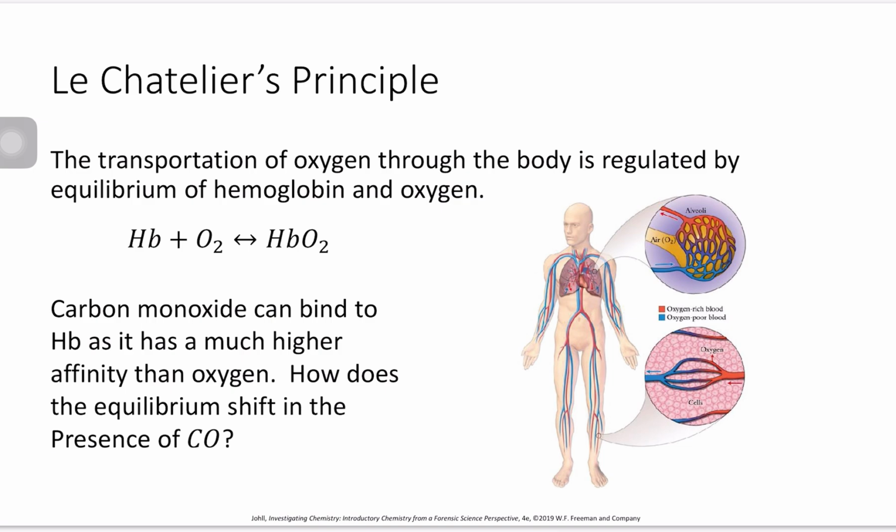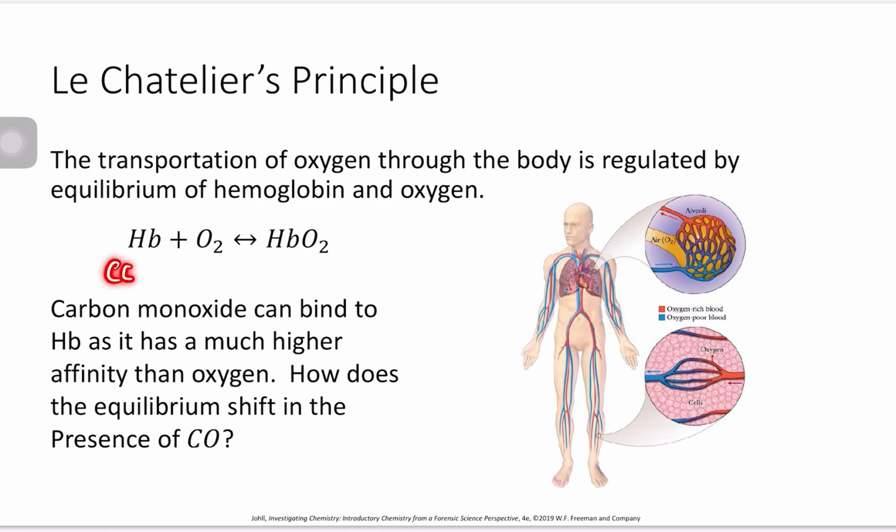If something comes along and disrupts this process, such as carbon monoxide, then it can really put a stress on the system. Carbon monoxide can bind to hemoglobin at a much higher affinity than oxygen, so it's going to mess with our equilibrium system.